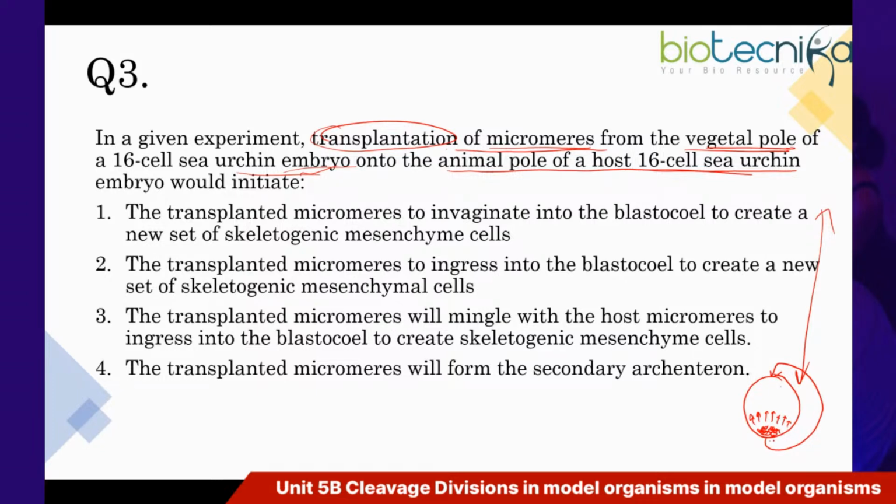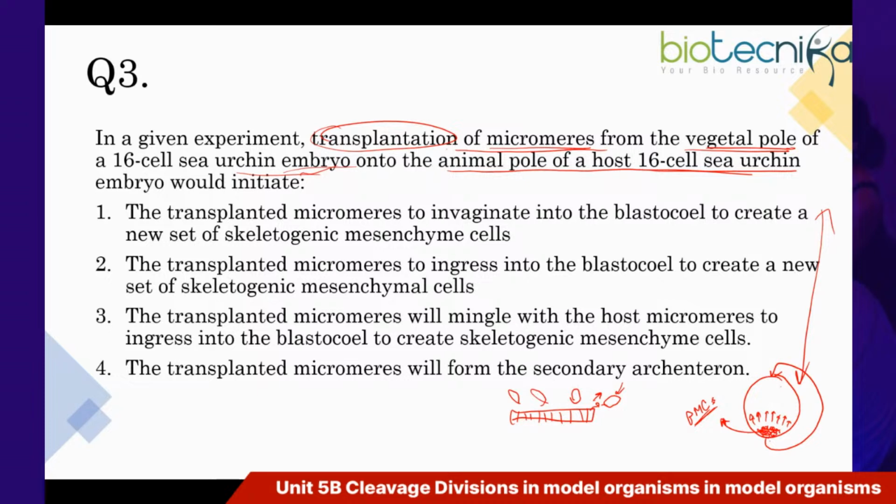And the micromeres themselves are also called PMC, that is primary mesenchymal cells, right? Epithelial cells are present in a layer, and mesenchyme cells are the loose cells that come out of it. So as a movement of ingression, these cells are going to come out of the epithelial layer and become loose cells like this.